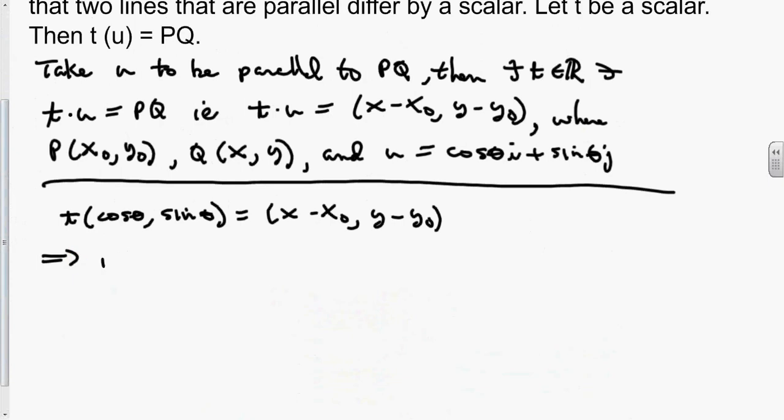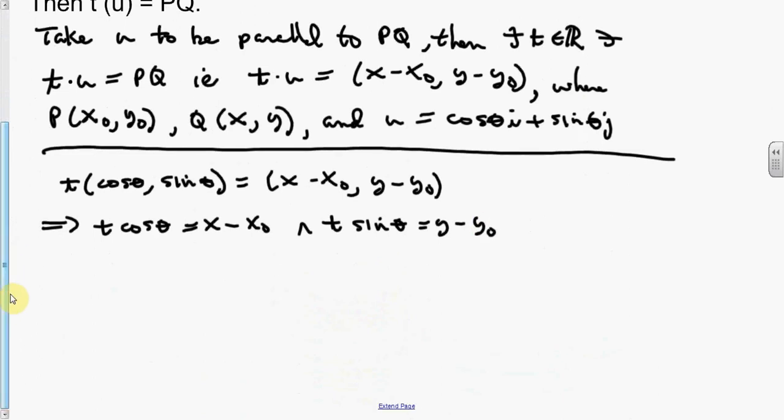Well, this implies that t times cosine theta is equal to x minus x naught, and t times sine theta is equal to y minus y naught. Now I can get x. x then has the relation x equals x naught plus t cosine theta, and y equals y naught plus t sine theta.